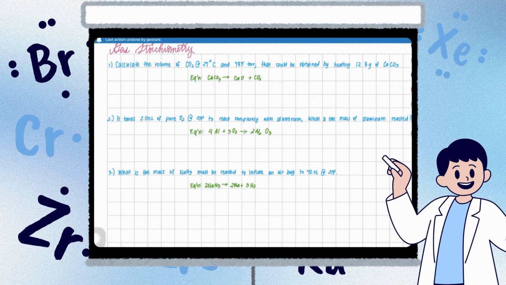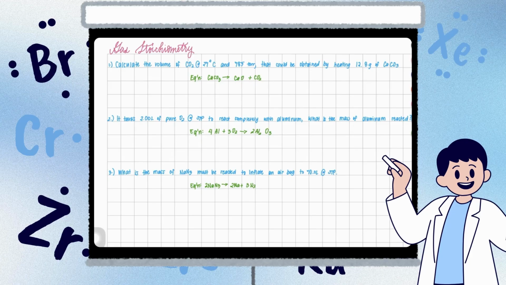For our first example: calculate the volume of carbon dioxide at 27 degrees Celsius and 785 torr that could be obtained by heating 12.8 grams of CaCO3. The given equation is CaCO3 decomposes and produces CaO plus CO2.